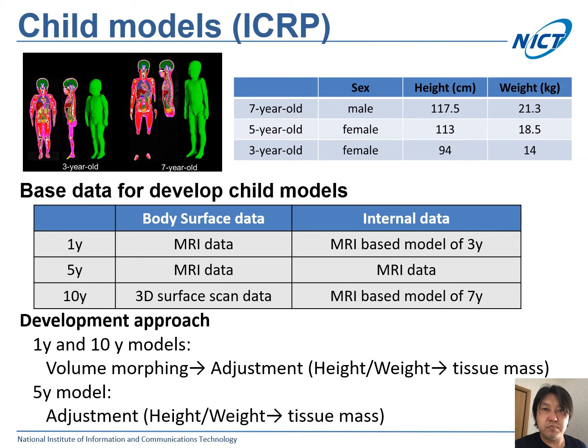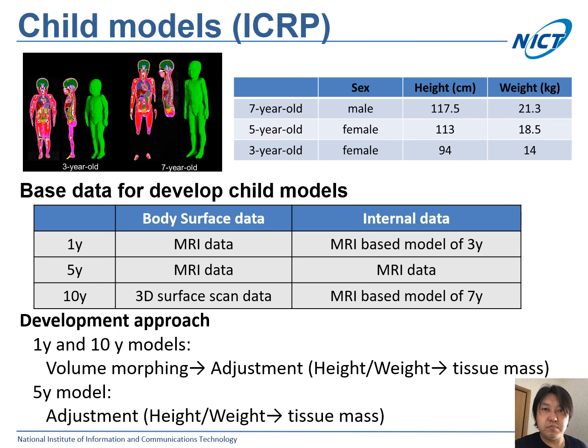It is impossible to obtain medical imaging data suitable for ICRP reference anatomical data from real children. So we developed the ICRP models by morphing the existing MRI-based child model shown here.